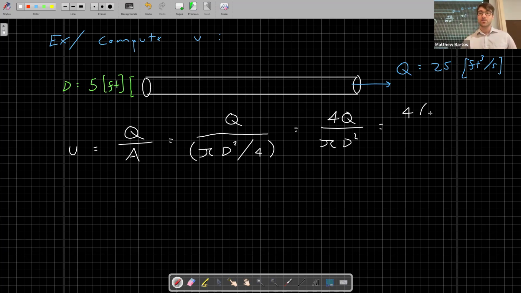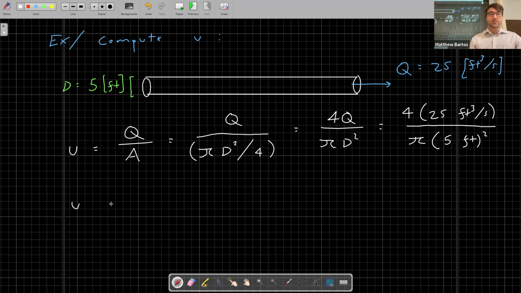So we have 4 times 25 cubic feet per second divided by pi times the diameter squared, so that is 5 feet squared. And if we evaluate this expression, we should get u, the mean velocity of flow, is equal to 1.27 feet per second. All right, so that's not so bad.